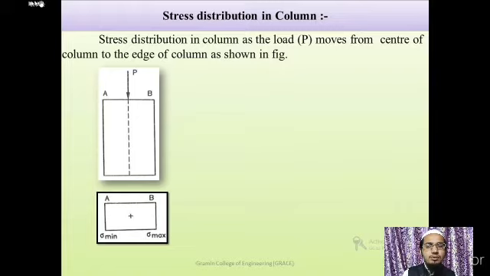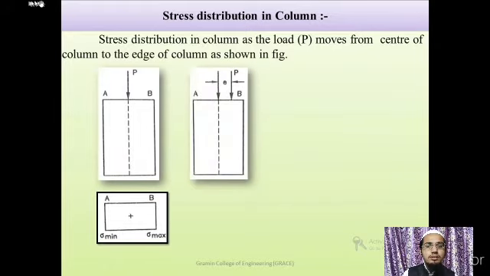If this load moves from the longitudinal or central axis of the column towards the edge, you can see in figure 2, P is acting at an eccentricity e from the axis. Such eccentricity of the loading will cause a change in the stress distribution diagram.